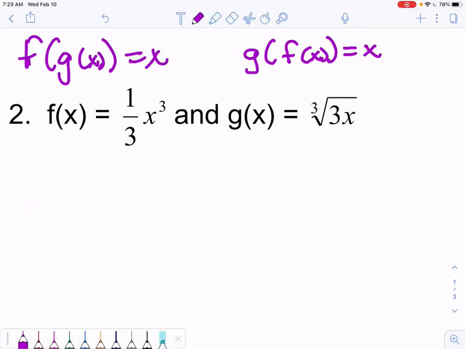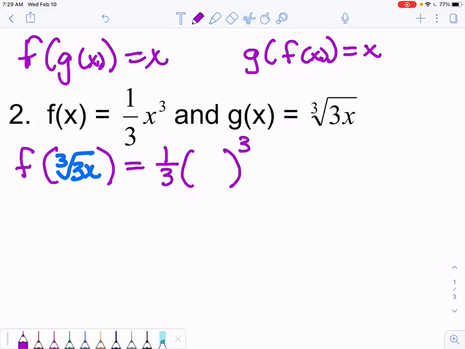So if I start with the f of g of x part, my g of x function is the cube root of 3x. So we're going to take that function and plug it in the f function. So our f function says 1/3 x cubed.